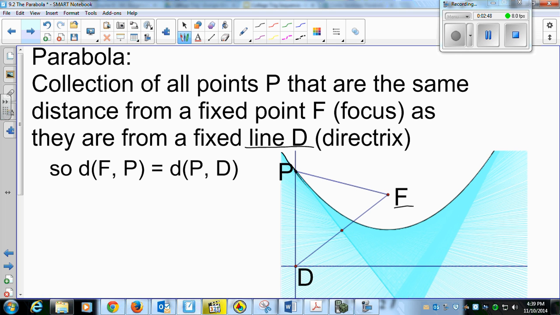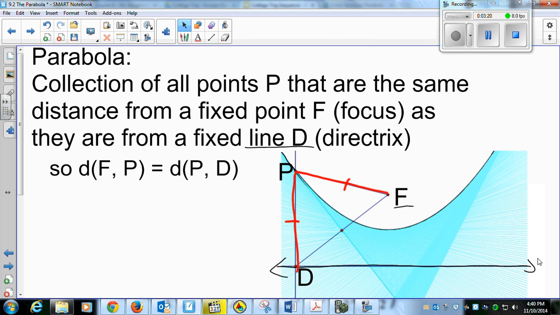Here, this point F is our focus, and down here, this directrix is a line that goes on forever. We should see that this distance from P to D is equivalent to the distance from P to F. That's how we're going to define a parabola with a geometric approach.